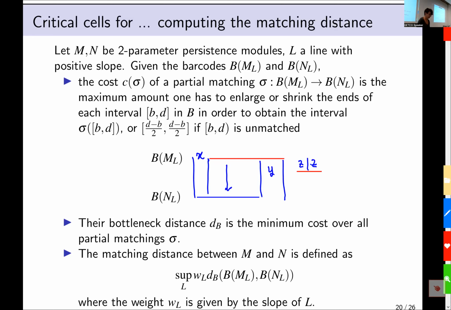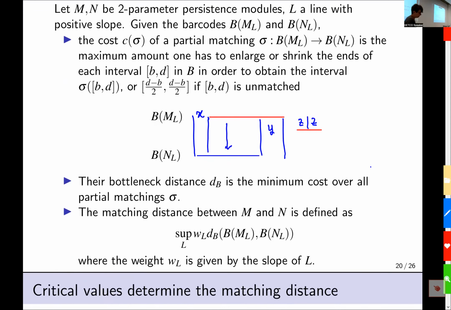And so in order to compute the distance between two persistence modules M and N, I simply fiber them along the lines, and I compare the barcodes I obtain along a line for the two modules using this bottleneck distance, and I adjust it with a weight in order to obtain stability for this distance I'm defining, which is called the matching distance.